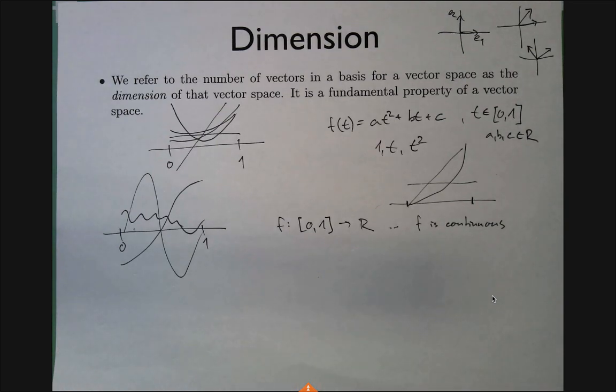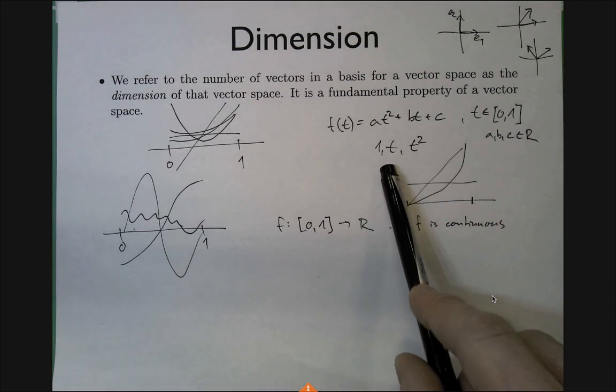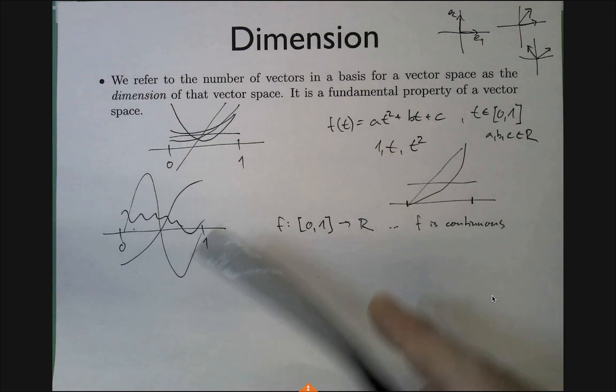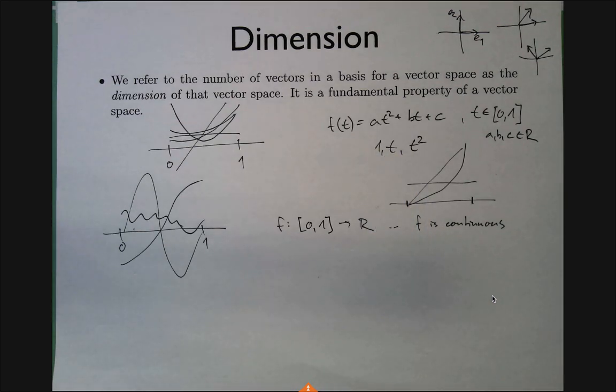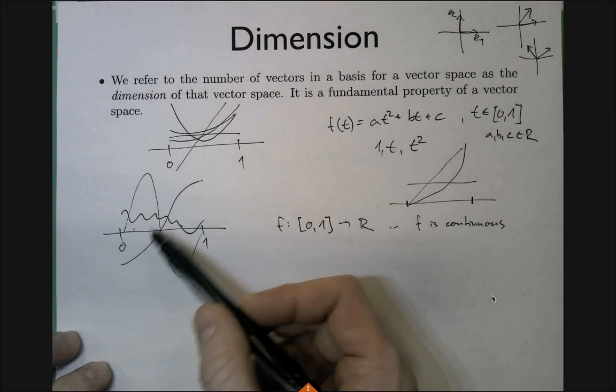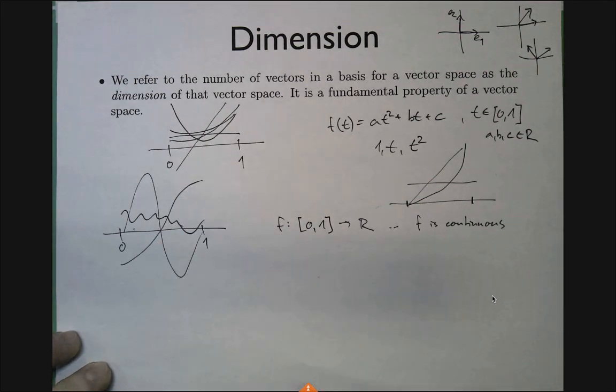So that's the catch. My point here was that not all vector spaces have to have a finite dimension. This is an infinite dimension function space. And by the way, this is a very important idea because it's hard to work with infinite dimension vector spaces.